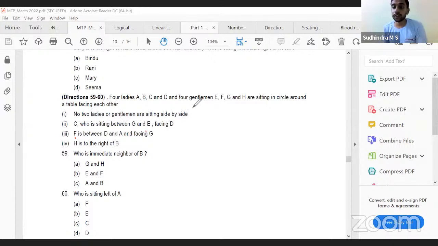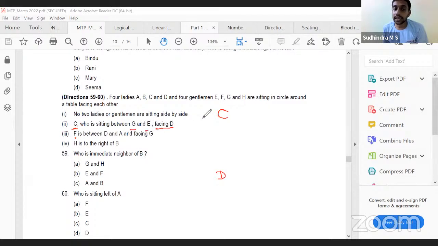Again, no specific information, but we can start with the second point. C. So let us put C here. If C is sitting here, who is sitting opposite to C? D, because C is facing D. And C is sitting between whom?